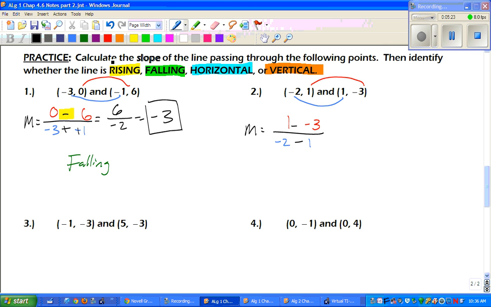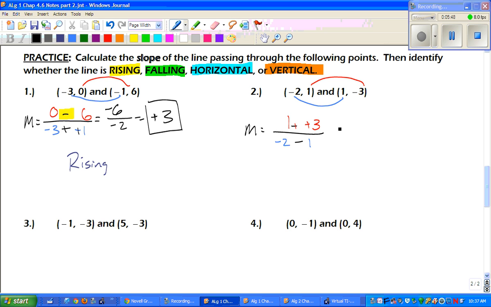That's supposed to be a -6. And a negative divided by negative is a positive. So that's not falling. What's that doing? That's rising. If any of you guys caught that error, come tell me. I'll give you some extra credit. Okay, I apologize. Let's go back to it.